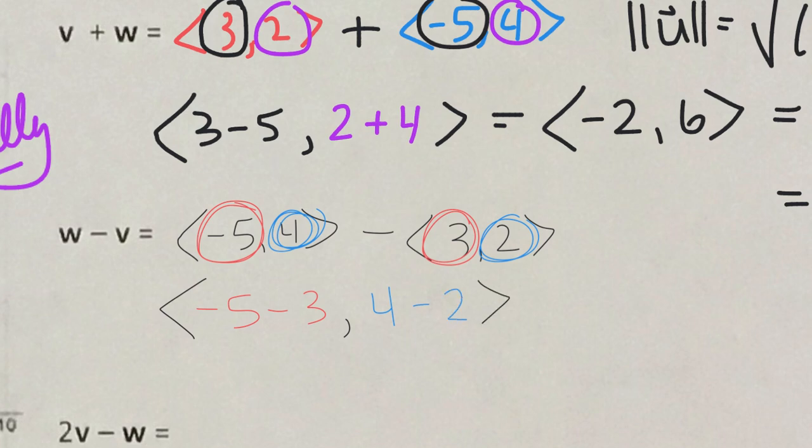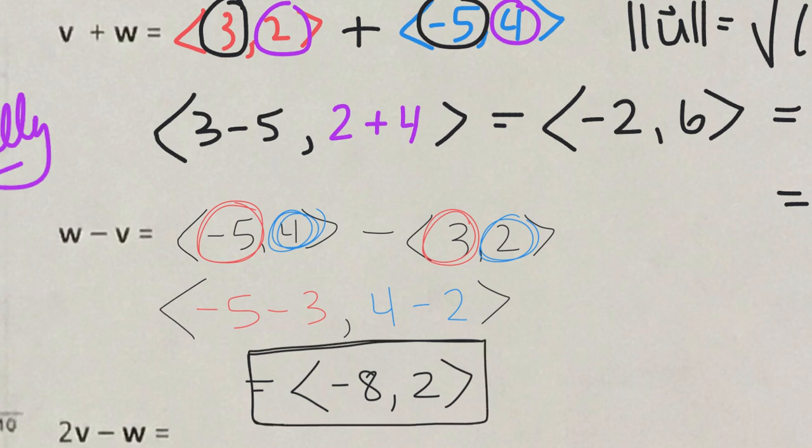Okay, which looks like we're going to get the vector negative 8 comma positive 2. So this is going to be the result of our vector when we subtract them, W minus V.